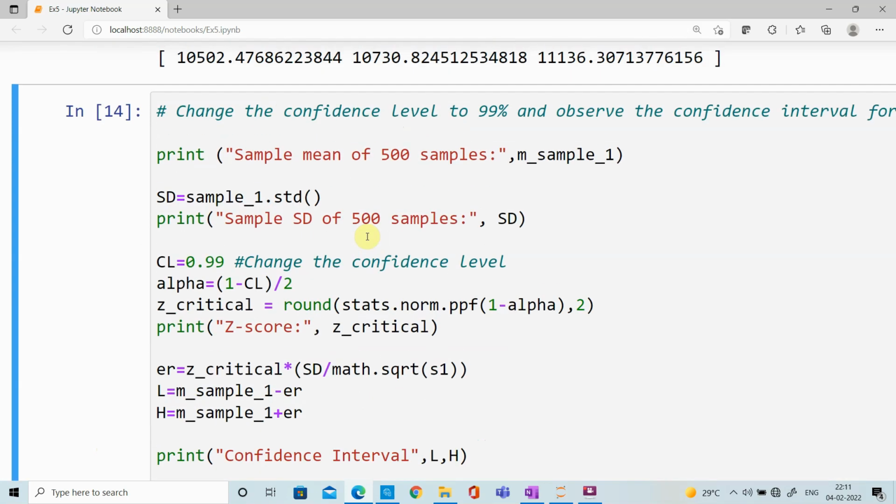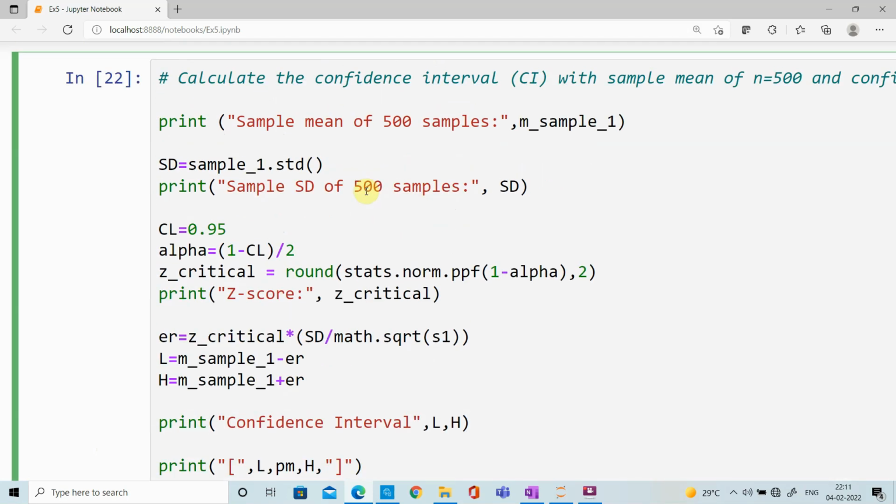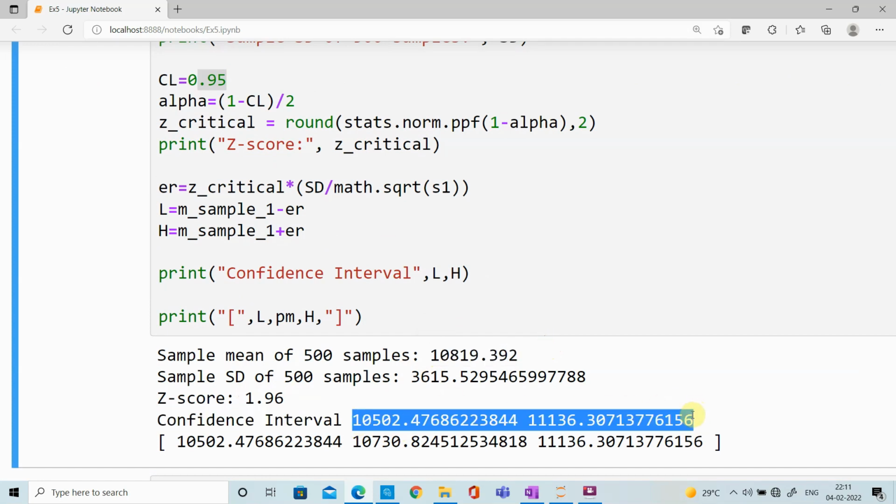We want to calculate for 95%, and the Z score calculated from the confidence level is 1.96. Based on the sample mean we calculated the confidence interval. On the left side it will be up to 10,500, and on the right side it will be 11,136.